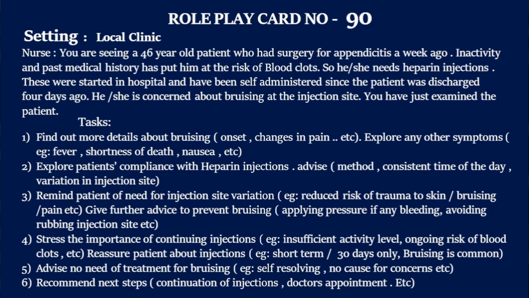Reassure patient about injection, short term, 30 days only, bruising is common. Fifth one says, advise no need of treatment for bruising, self-resolving, no cause for concern, etc. The last one says, recommend next steps: continuation of injection, doctor's appointment.